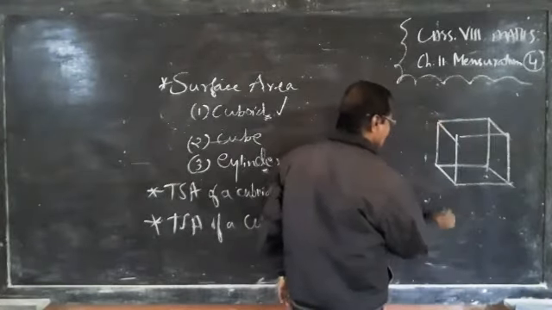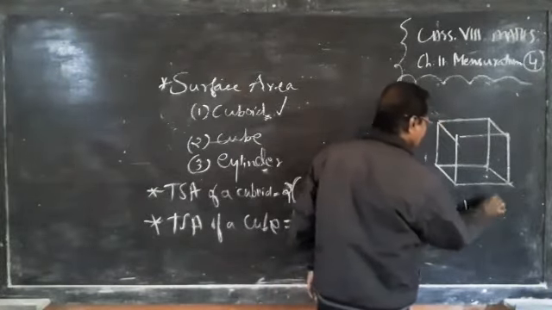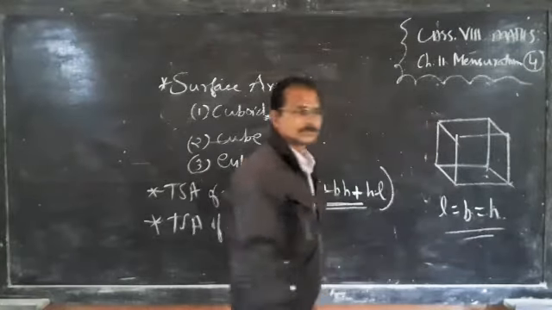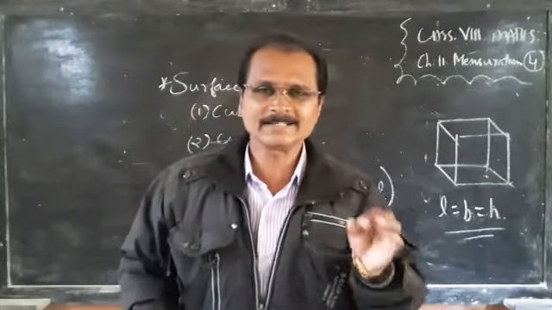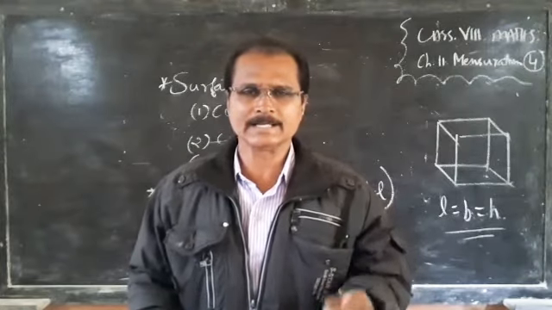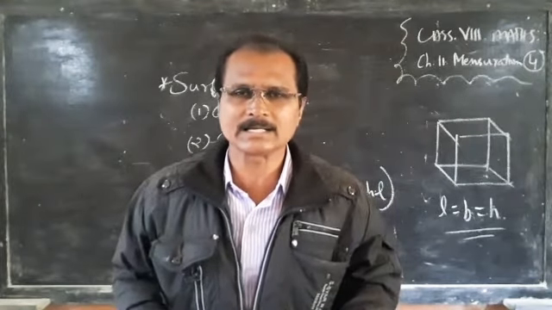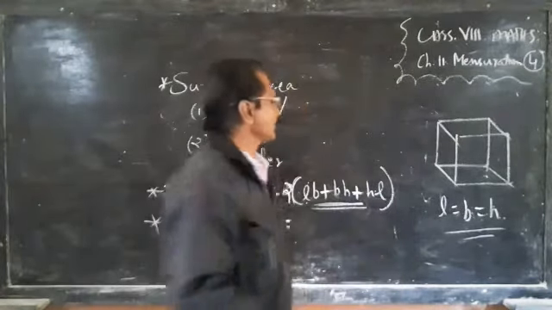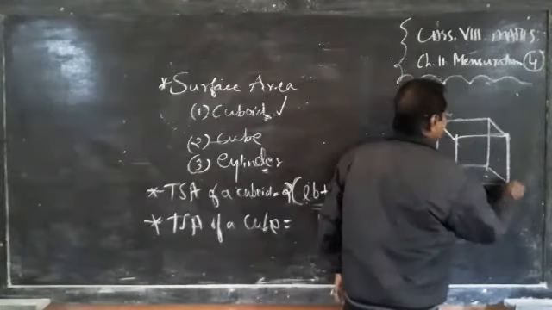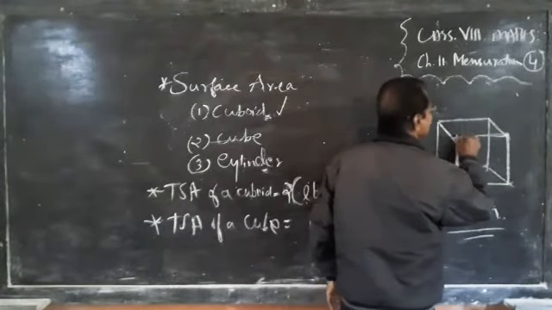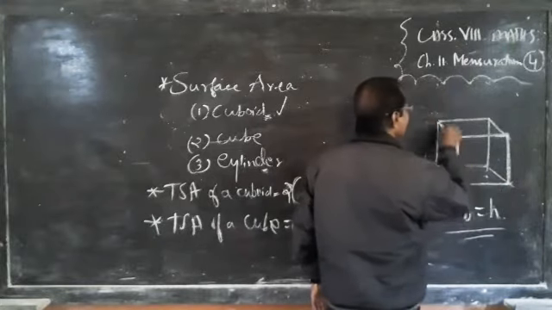So in a cube, L equals B equals H. Its length, breadth, and height, all three dimensions are equal, and each and every side looks like a square.